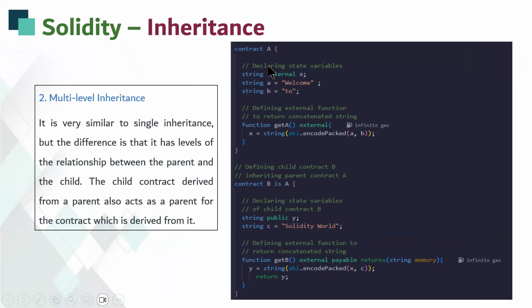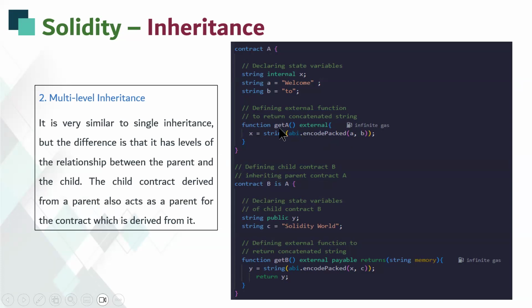It declares state variables: x as an internal variable, and a and b as string variables with initial values. The getA function is defined as an external function. It concatenates the values of a and b and assigns the result to the x variable.